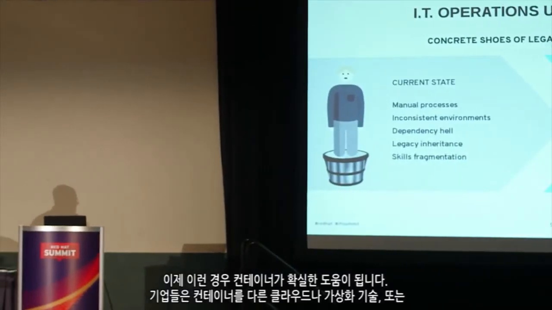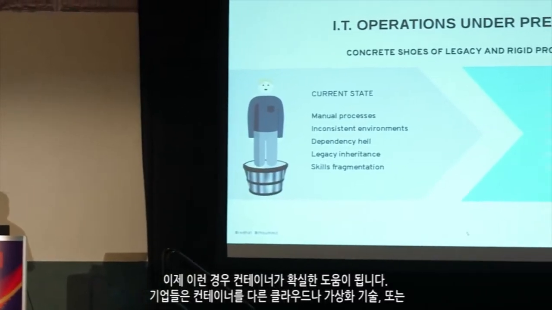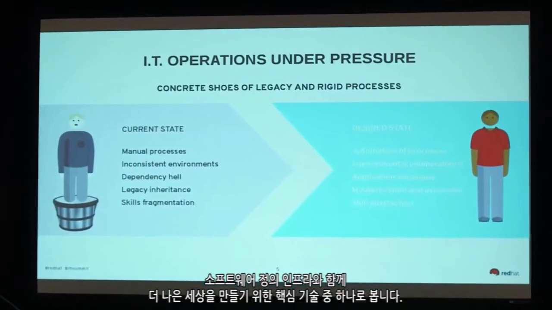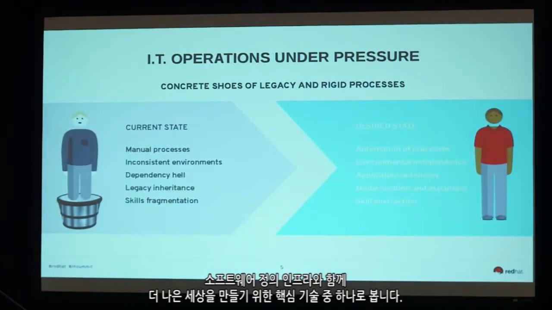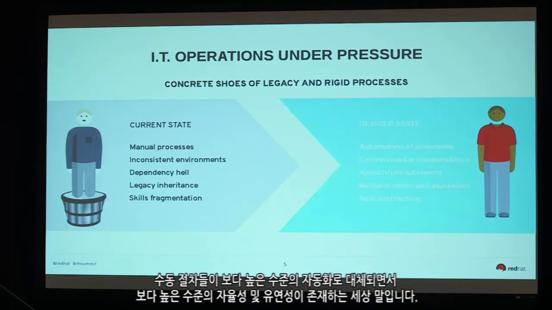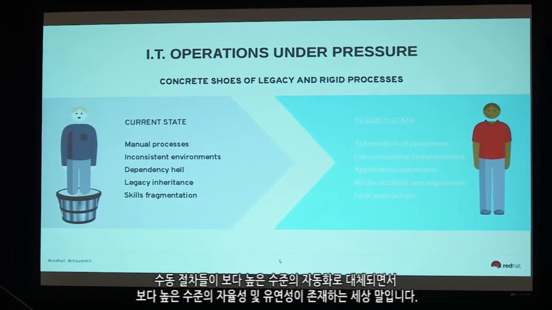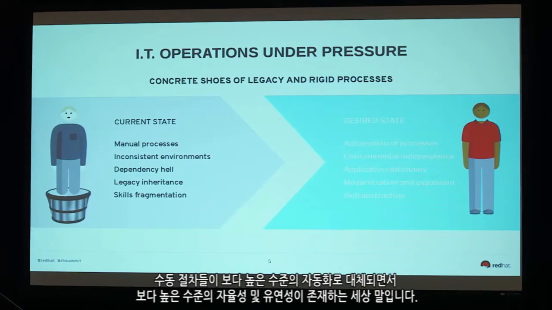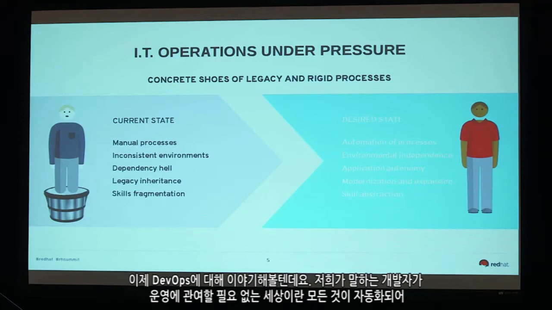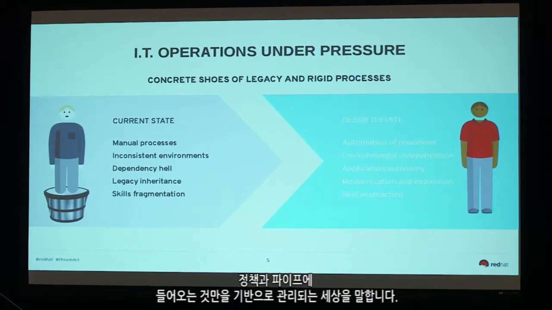Now, containers are obviously very helpful in this, and organizations look at containers as one of the key technologies, together with other cloud or virtualization technologies or software-defined infrastructure, to build a better world in which there is greater degrees of autonomy and flexibility, in which manual processes get replaced by greater degrees of automation. Ideally, everything automation. We are now starting to talk about not just DevOps, but we talk about no-ops environments, where everything is automated, just managed based on policy and what enters the pipe.